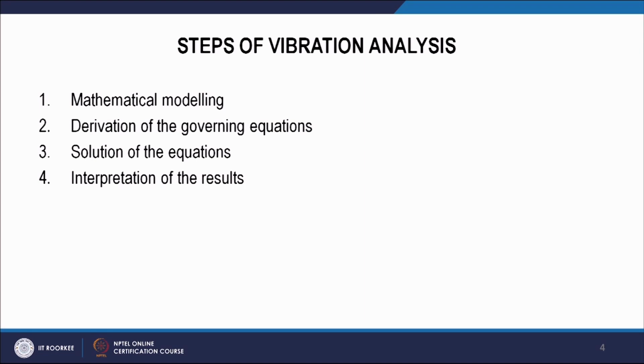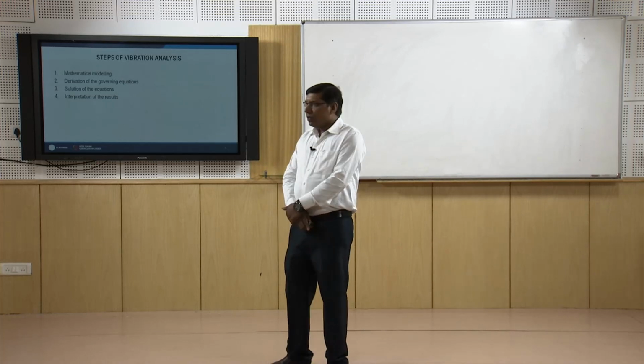Of course, mathematical model will be in form of some mathematical equations, some differential equations, and those differential equations will need some solution. So, what are the methods to solve these equations? And we will get the solution.